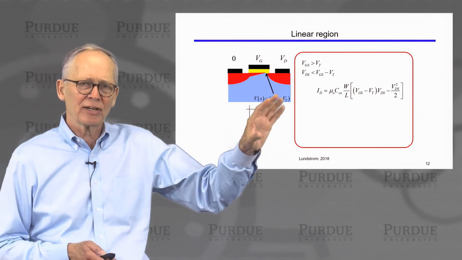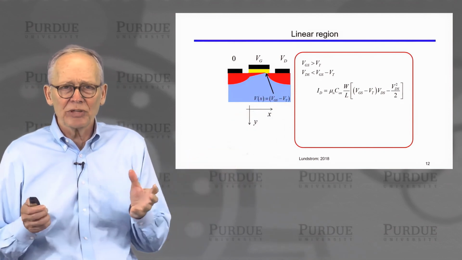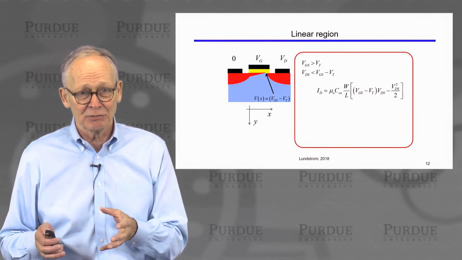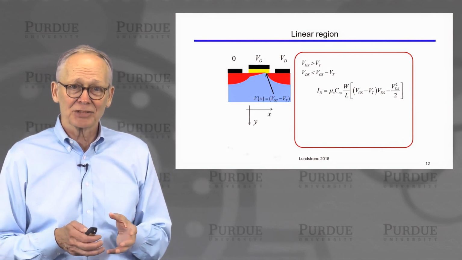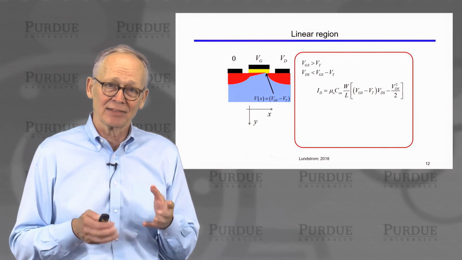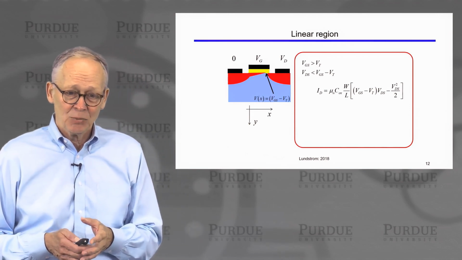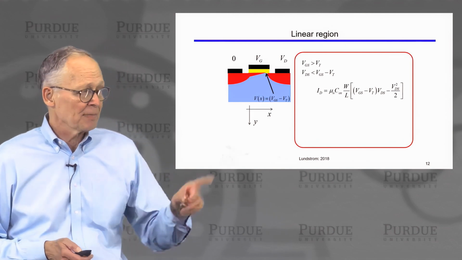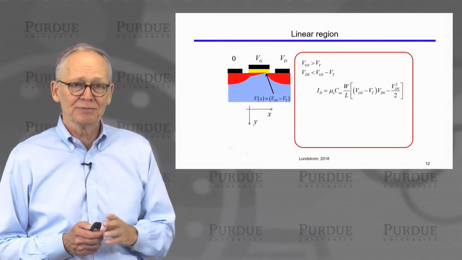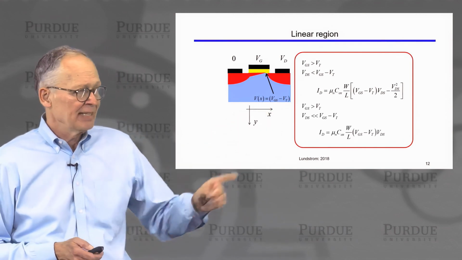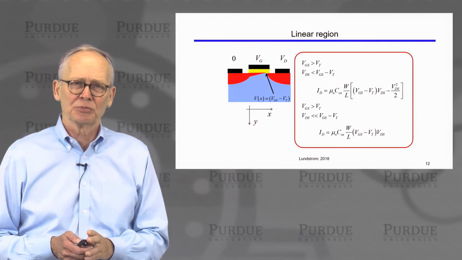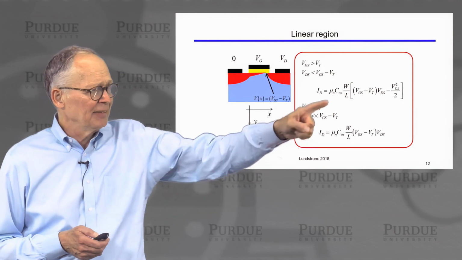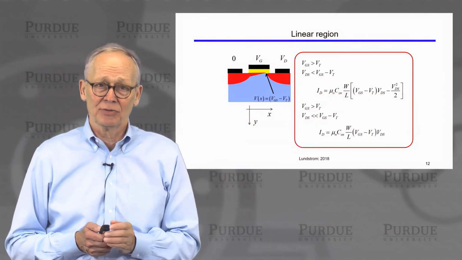If I look a little more carefully at the linear regime, where is the linear regime? I've mentioned triode regime. I haven't said anything about linear regime. In the previous lecture, we derived the IV characteristics in the linear regime. Well, linear regime just means very small drain to source voltage. If I look at this expression for the triode regime, and if I make the drain to source voltage small, let's say 1/10 of a volt between the drain and the source, then VDS squared is 1/100th of a volt.